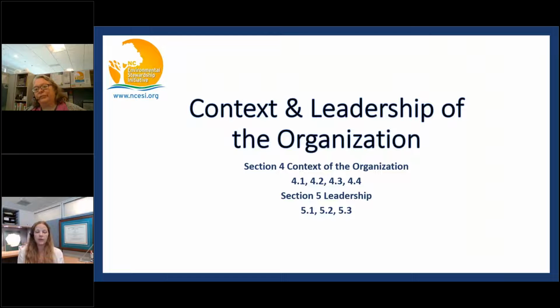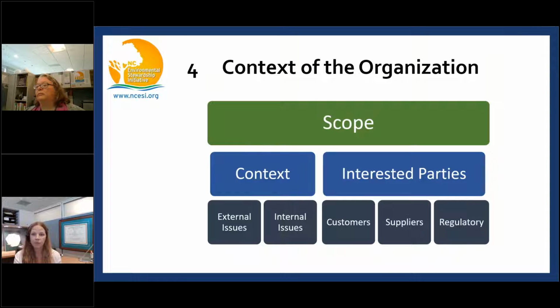Okay, so the first part that we're going to be talking about is the context and the leadership of the organization. Section 4 is all about the context of the organization. That's the one we're going to go into first, and a little bit later I'll be talking about leadership. This is a diagram of the higher-level overview of clause 4. It includes identifying the context and the interested parties, and then using those to determine the scope of the EMS.